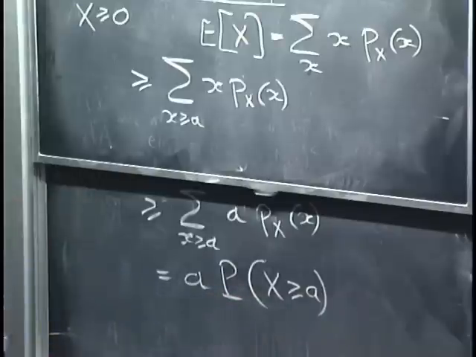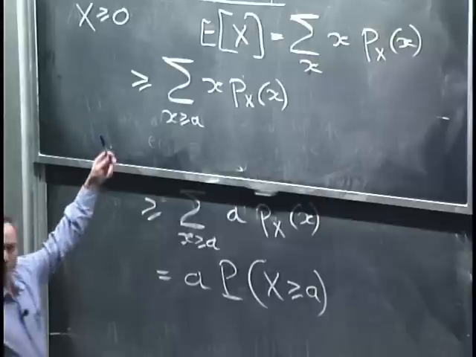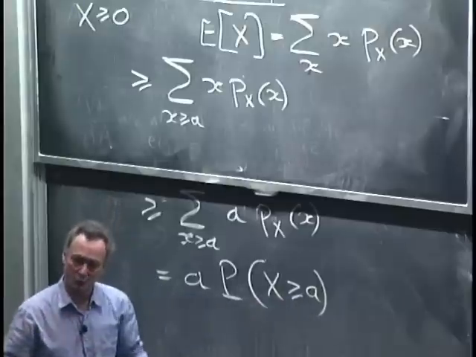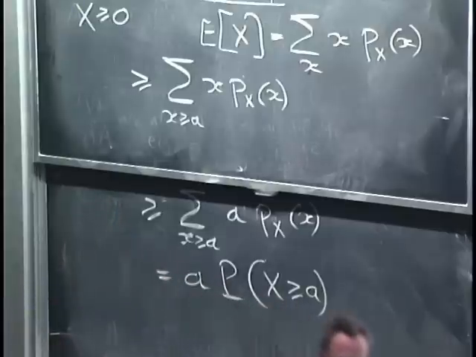It relates expected values to probabilities. It tells us that if the expected value is small, then the probability that x is big is also going to be small. So it translates a statement about smallness of expected values to a statement about smallness of probabilities.